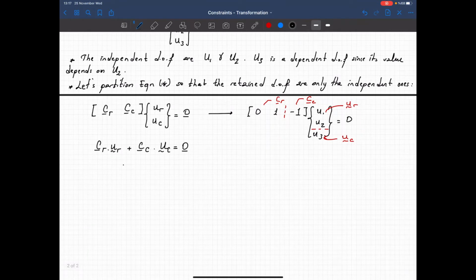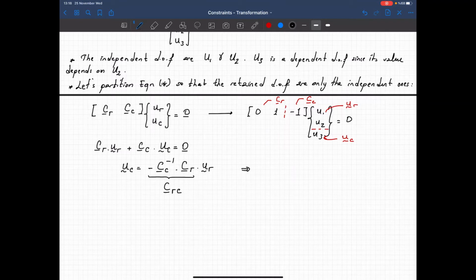Then in that case, UC will be equal to minus CC inverse multiplied by CR times UR, okay? And I'm calling this matrix our CRC matrix.